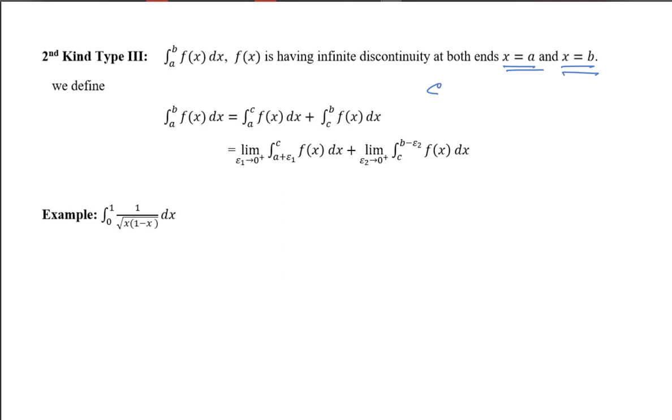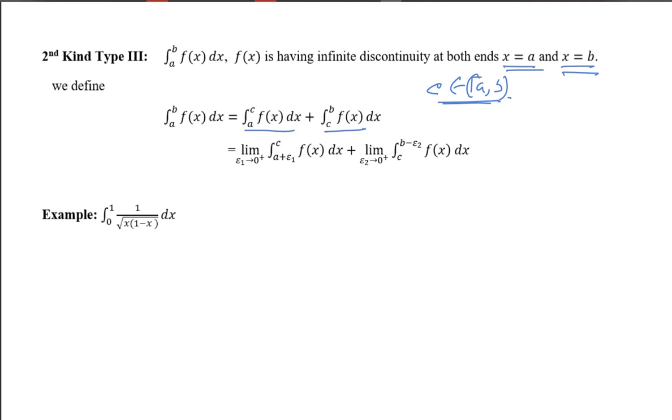We will find some value c in the open interval (a, b) at which we don't have any point of infinite discontinuity, and we break into two integrals like this: a to c of f of x dx, and c to b of f of x dx.